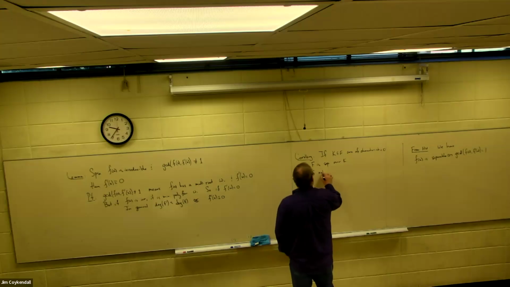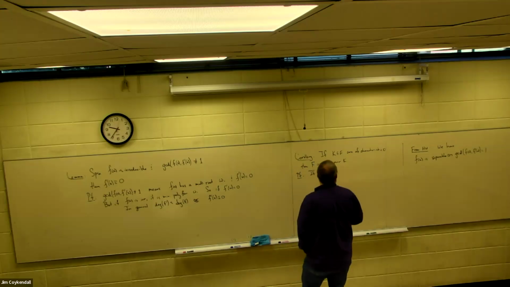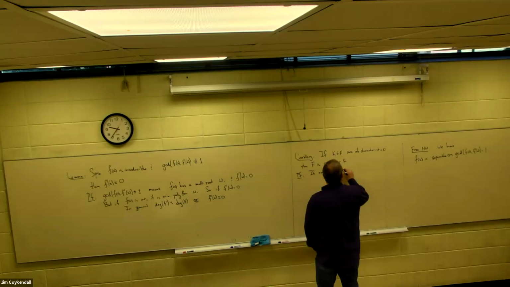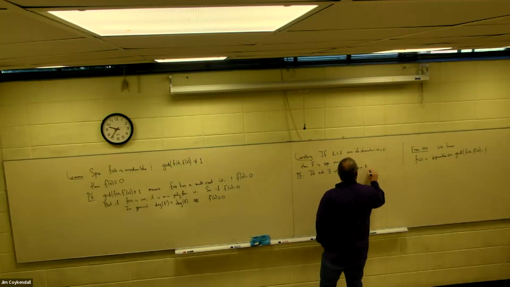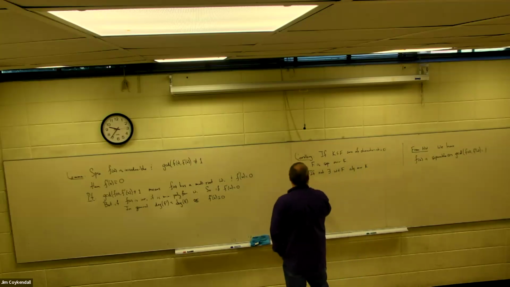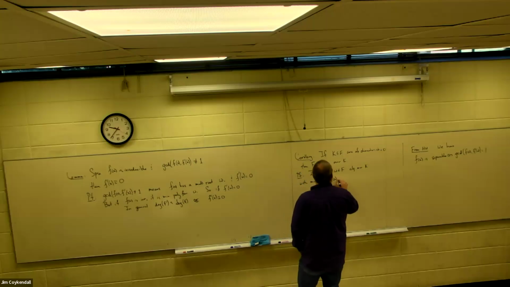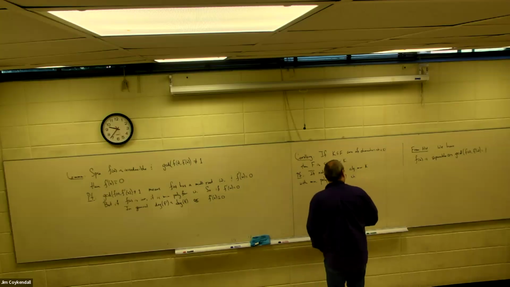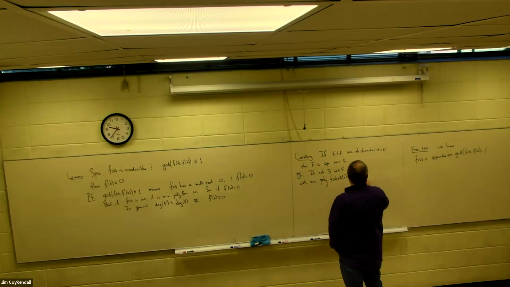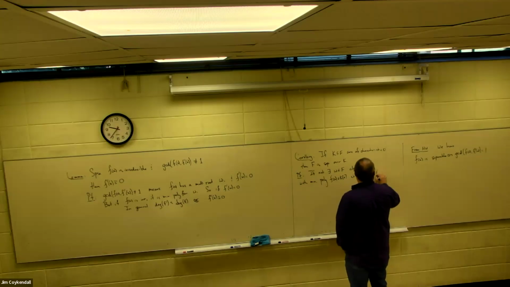If not, there exists omega in F, algebraic over K, with minimal polynomial f of x in K of x, such that GCD of f and f prime is not equal to 1.